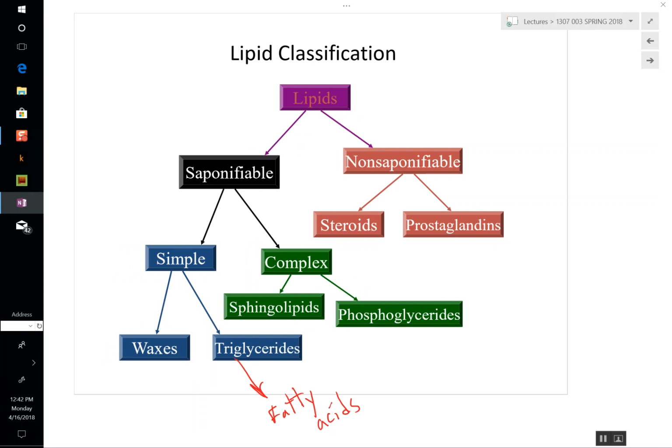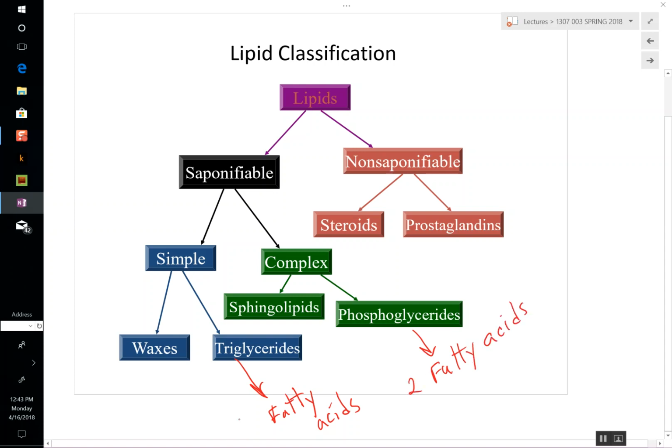Complex lipids, saponifiable, complex phosphoglycerides. Now what you're going to see here, glycerides, phospho and triglycerides have glycerol as their link. And you're going to see some similarity. You should be able to detect some similarities between this and this. And these have fatty acids, 2 fatty acids.